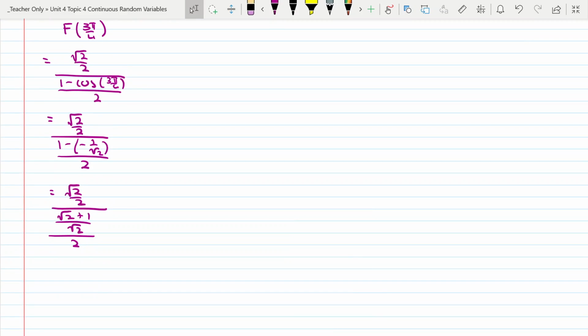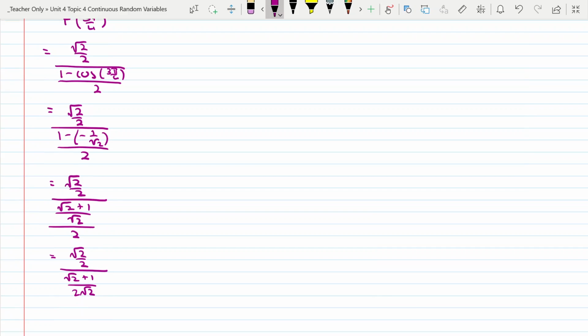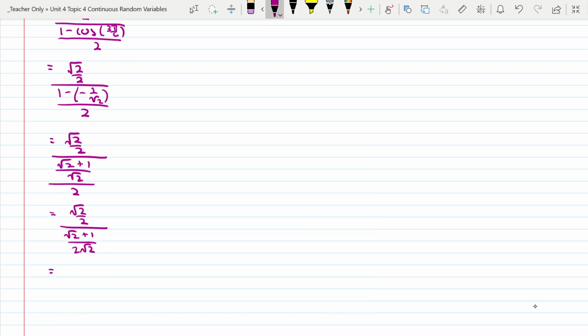Stacked fractions, what a nightmare. Root 2 on 2 over root 2 plus 1 over 2 root 2. And then we can rationalize and we can sort it all out. Root 2 over 2 times 2 root 2 over root 2 plus 1.